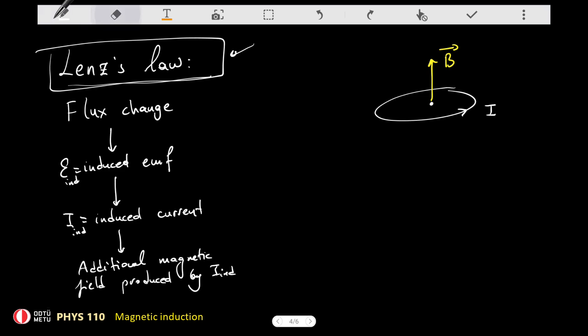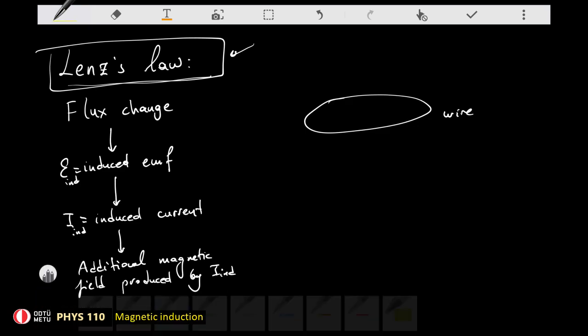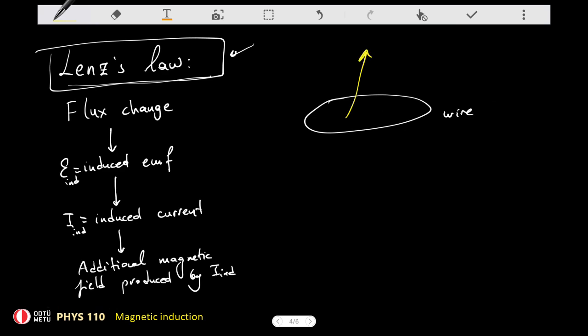So let me erase this picture, because this is kind of complicated. A lot of people get confused about this. I'm going to choose a wire loop in here. So that's a wire. There's some certain magnetic field in here. I'm going to call that magnetic field the external magnetic field.